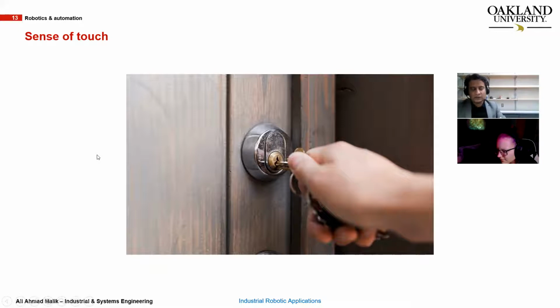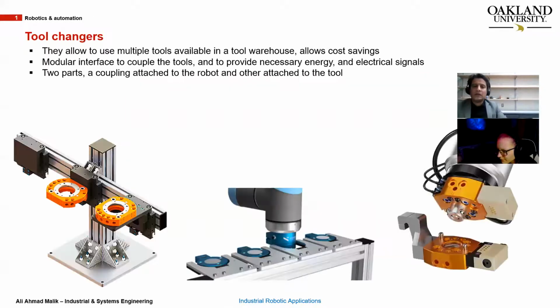But since robots, in principle, don't have these abilities available, we want to use different types of grippers or different types of tools with the same robot to perform different types of tasks.